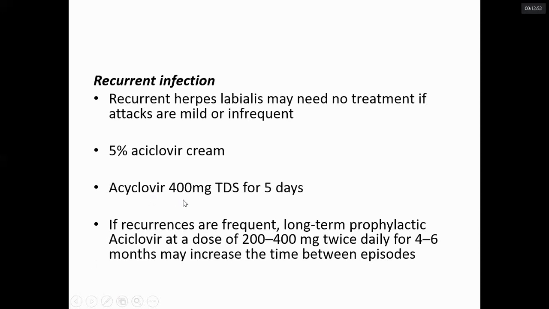In the primary infection, it was 400 mg TDS for 7 days. In recurrent infection, we are giving 400 mg TDS for 5 days. And if the recurrences are frequent, we have to give long-term prophylactic acyclovir at a dose of 200 to 400 mg twice daily for 4 to 6 months. This is for frequent recurrences.